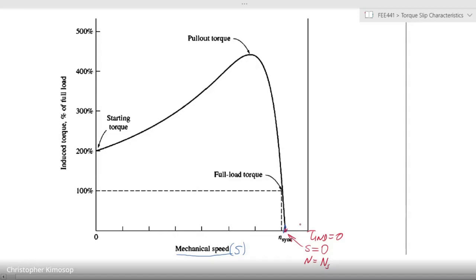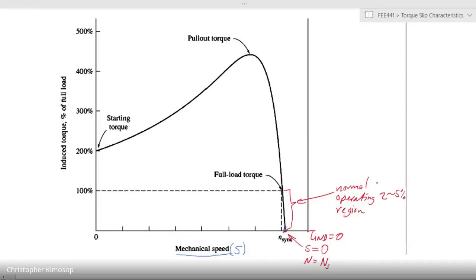The second element that we would want to look at is this section. That section is the normal operating region. Remember when we spoke at the beginning, we said that slip is usually a very small figure, between 2 to 5% slip. Now, in this region, if you notice, the curve itself is almost linear.